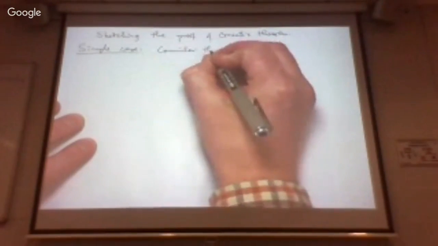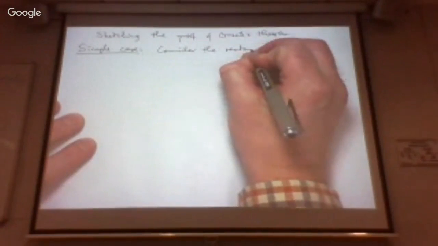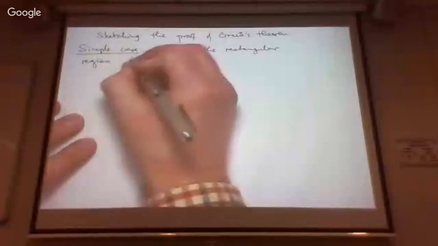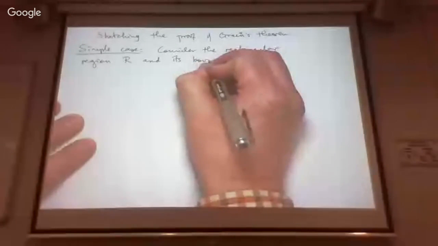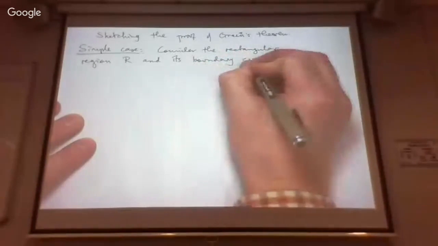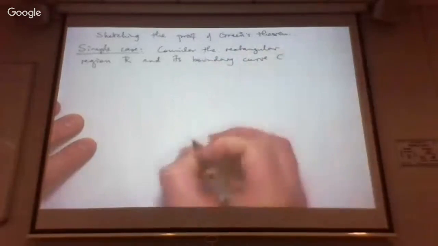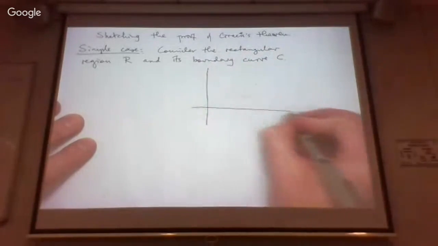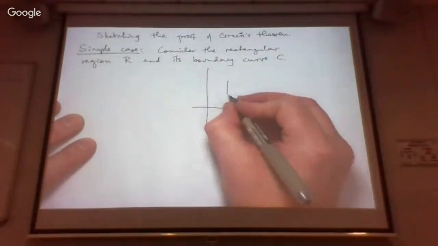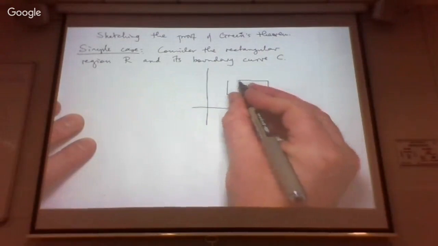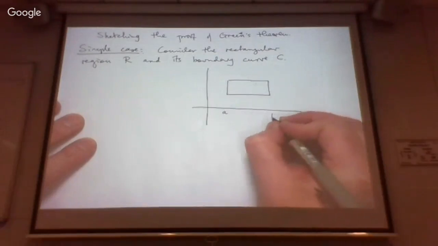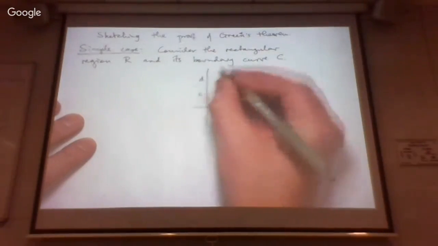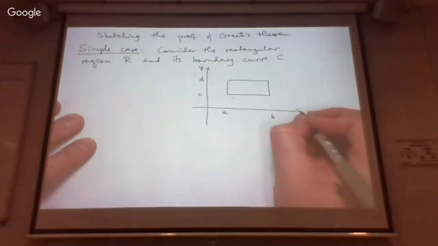So consider the rectangular region R and its boundary C. Here it is, we're just talking about a simple rectangle, and it's aligned with the coordinate axes, the x-axis and the y-axis.